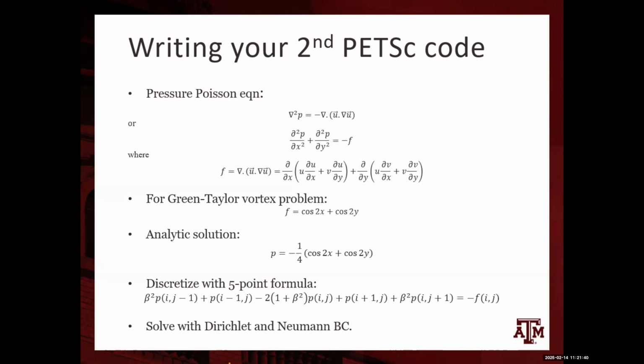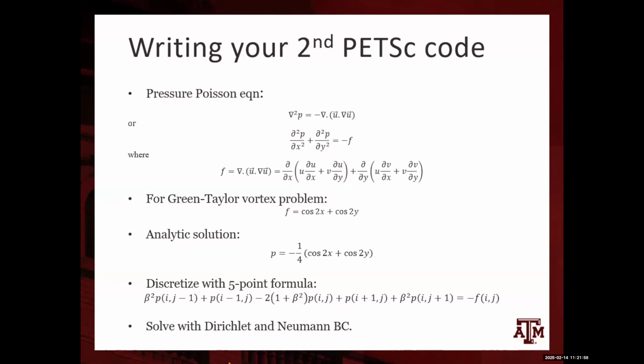F is known; you calculate it on the right-hand side based on the Taylor-Green vortex, and this problem has an analytic solution, so it's going to help us with checking our solution.